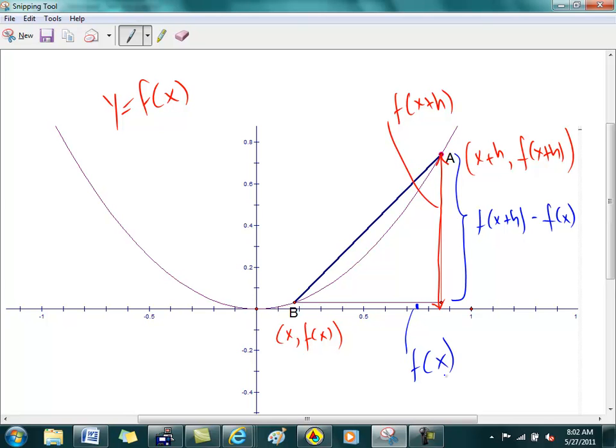It's f(x+h) minus f(x). Remember, f(x+h) is some number, the value of a function, minus f(x). Does everybody see that? Is everybody with me on this now?